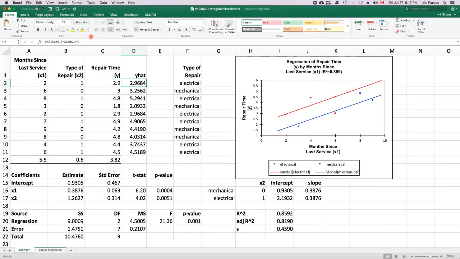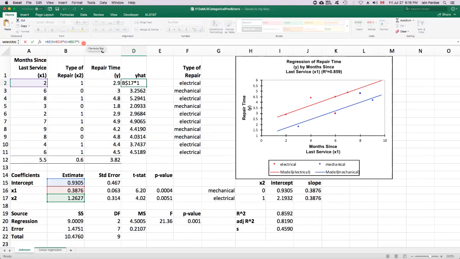And see, 2.9684 is the same number whether I have B2 in there or 1. It's always 2.9684. So it looks like this is the equation that works for electrical repairs.